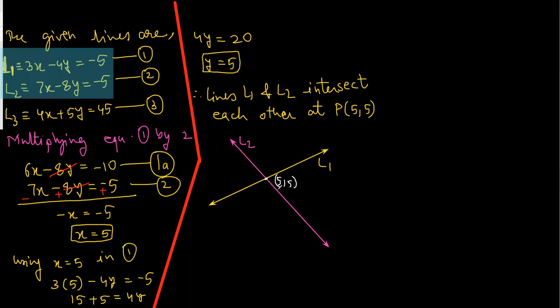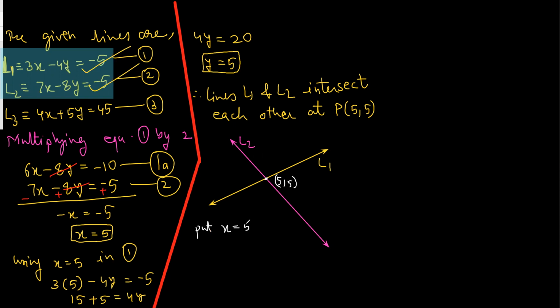Now the only question is, they are asking to show that the three lines are concurrent. I have got the point of intersection of these two lines. I just want to show that this line also passes through the same point. If I am able to prove that, my job is done.